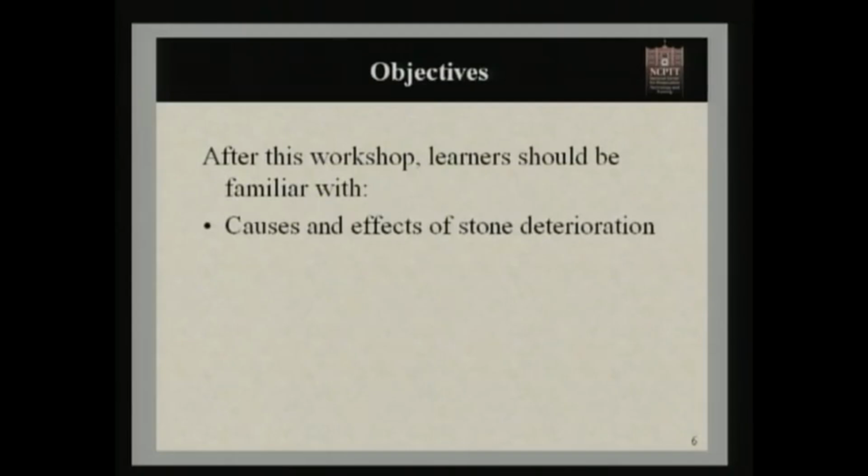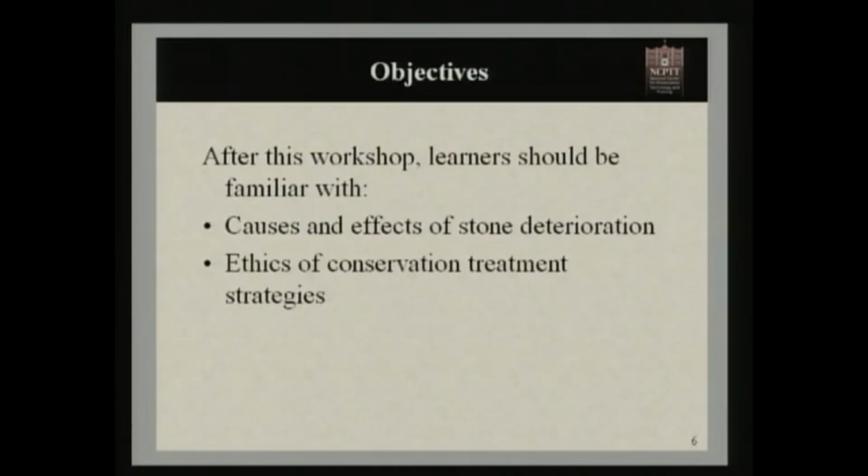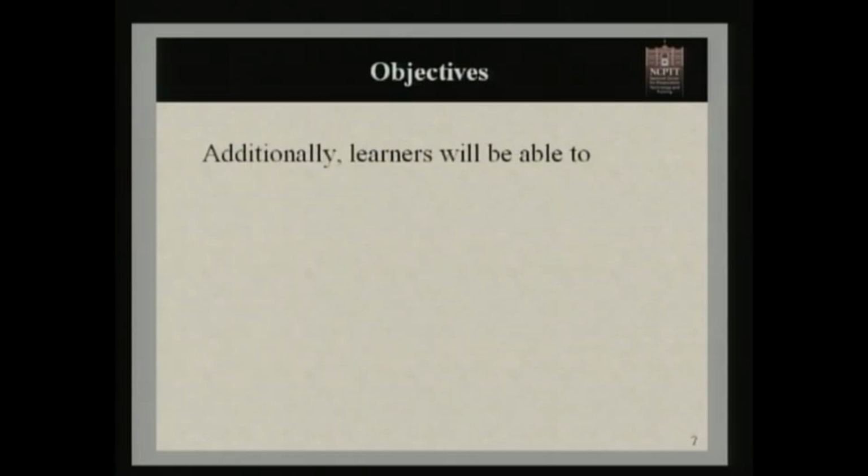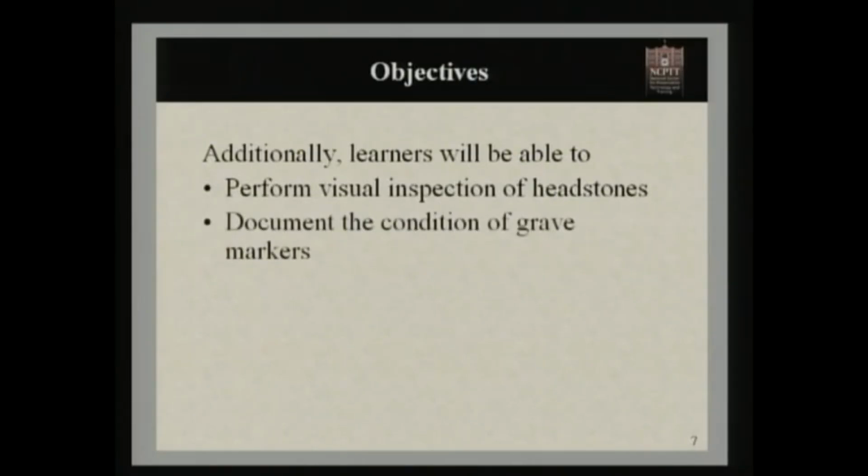They need to recognize the ethics of conservation treatments and strategies, and be able to use a long-term maintenance plan. Additionally, learners will be able to perform visual inspection of headstones, document the conditions of the grave markers, and stabilize and reset small monuments, those that have few complications.